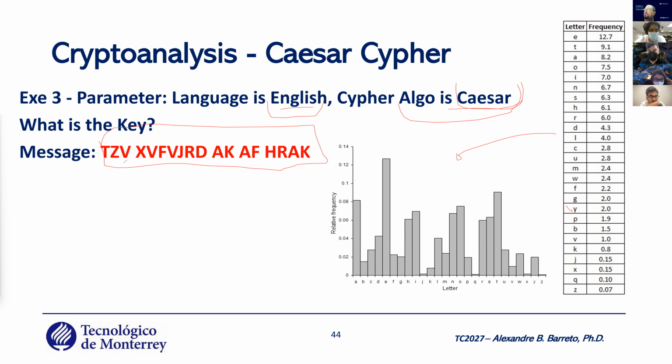V, you have 1, 2, 3. X, you have only 1. F, only 1. J, only 1. R, 2.